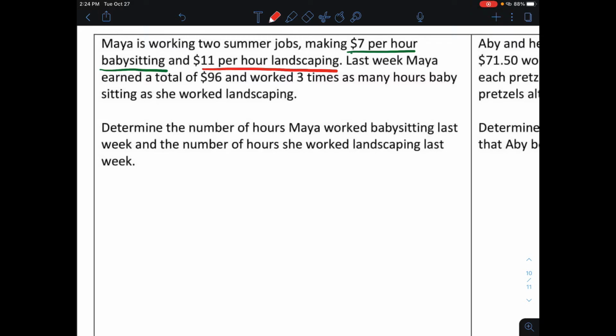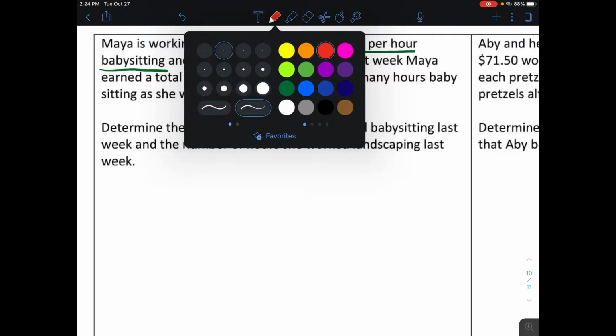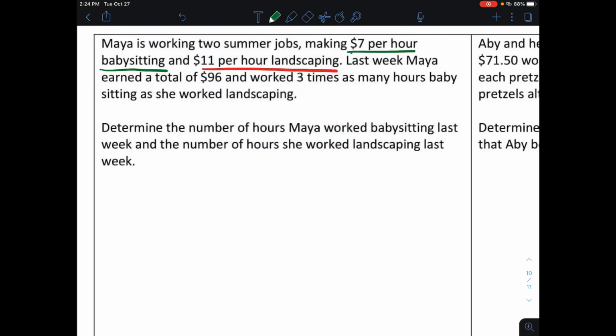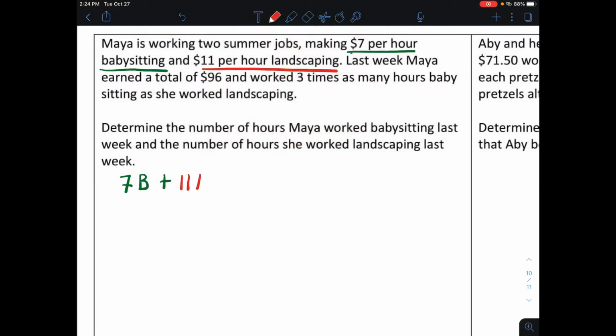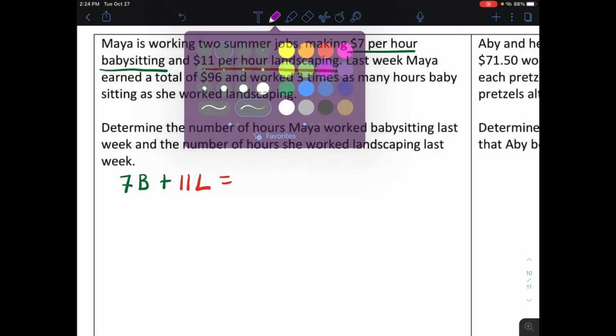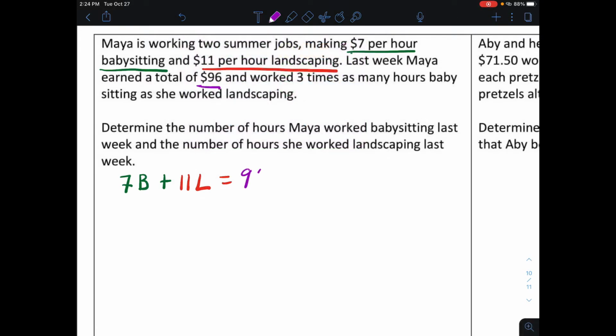So what we have is, we'll start with the total amount of money that she earned. She earned $7 per hour. I'm going to let B represent the number of hours babysitting. Plus, she makes $11 per hour landscaping, so I'm going to say 11 times L has to equal $96, because that's how much she made in a week. So there's one expression that relates B and L together.